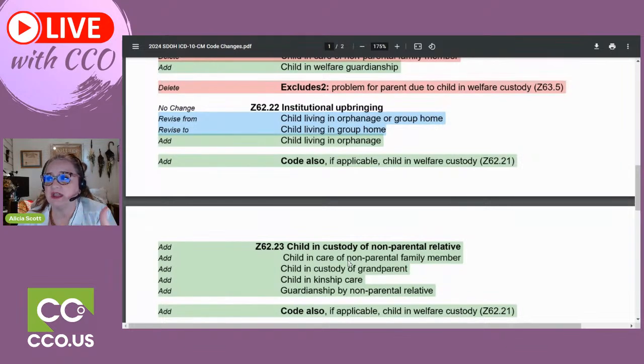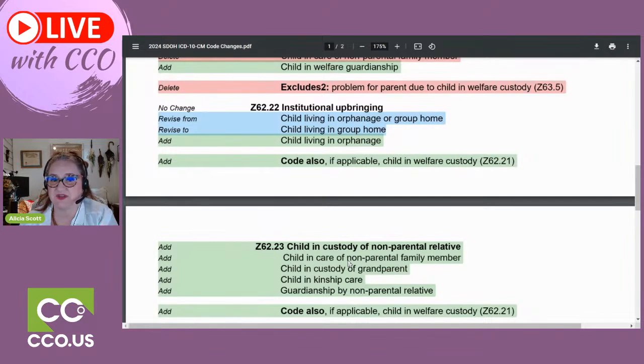So, child in welfare custody, Z62.21, would also be appended. So, just because a child is in a group home or in an orphanage, I guess. But again, I keep saying it's antiquated. I don't know of any orphanages left in the United States. They're classified as group homes, from what I understand. So if the patient is in welfare custody, and that's very specific, it's not the same as guardianship.